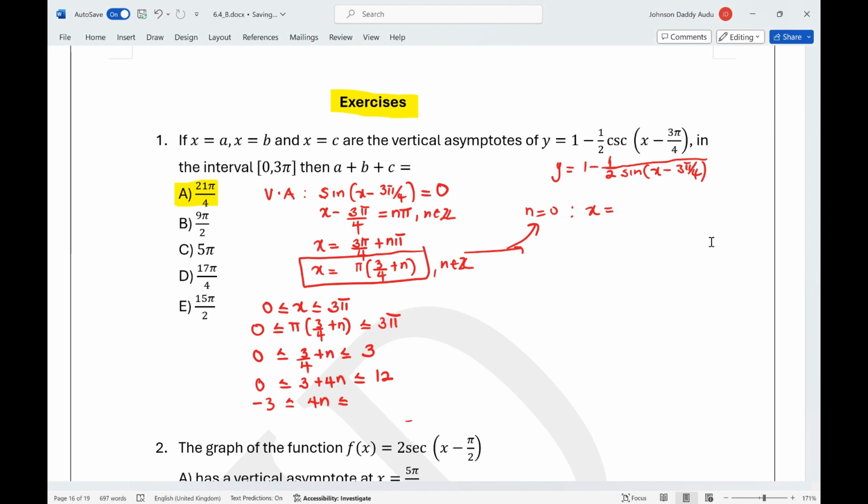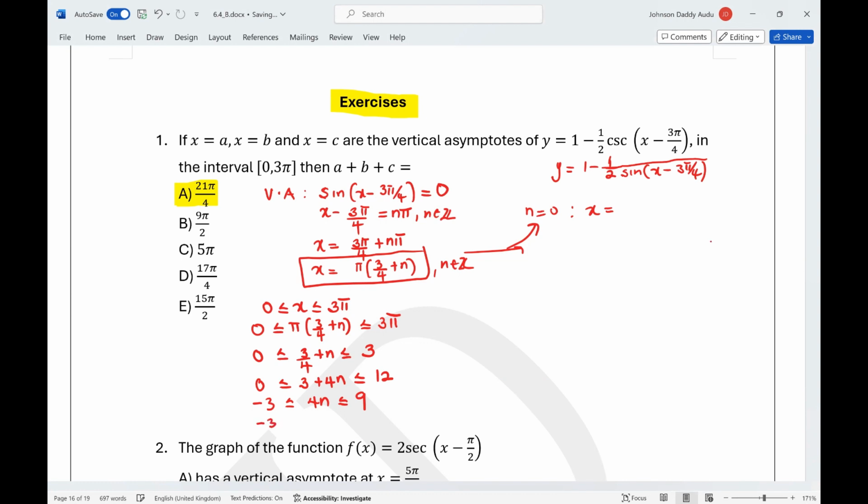So here it's going to be 12 minus 3. So here it's going to be 9. So now we have to divide by 4.